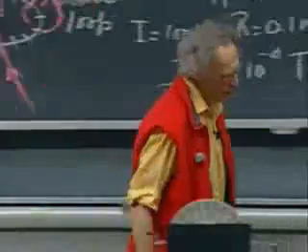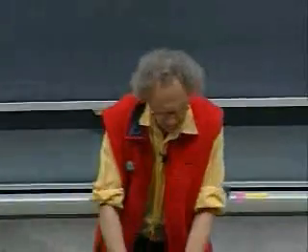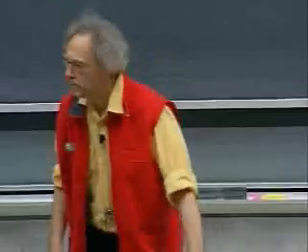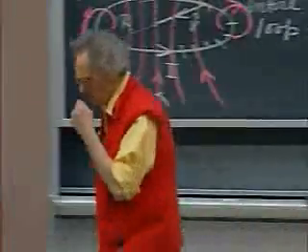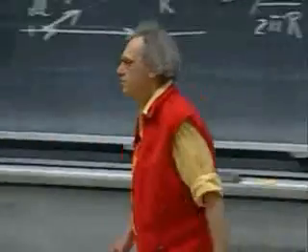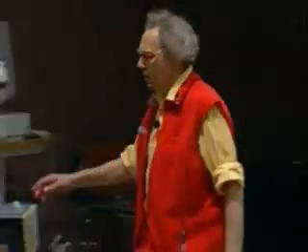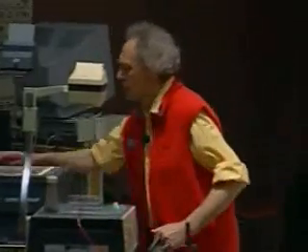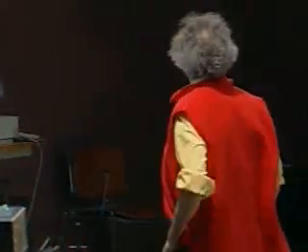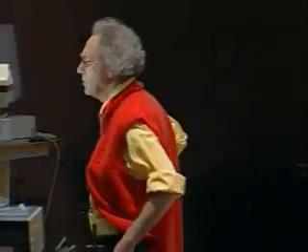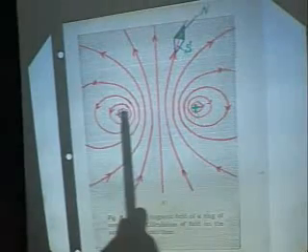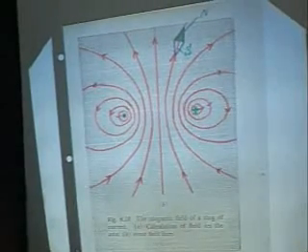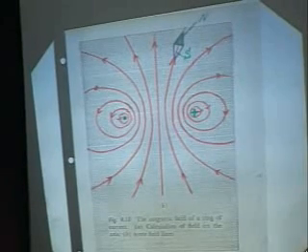And I want to show this to you in a little bit more detail. I have here a transparency, and you see there on the right side the current goes into the paper, and here it comes out of the paper. It is a circular loop, and you see here the field line configuration.